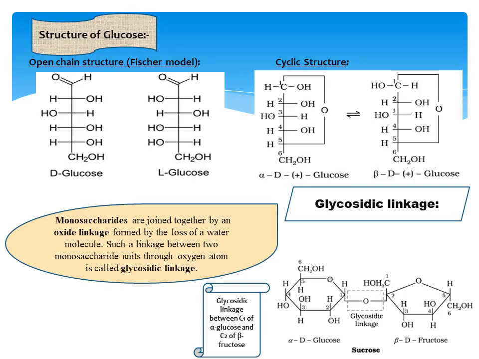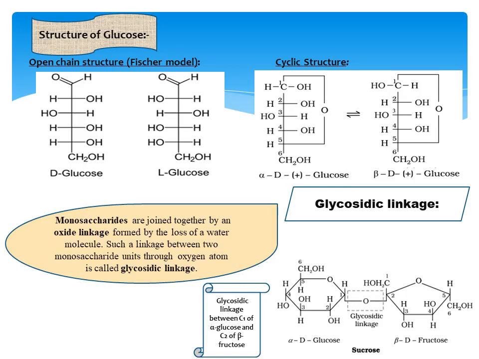Two monosaccharides are joined together by an oxide linkage formed by the loss of a water molecule. So in order to achieve something, we have to eliminate something, isn't it? This kind of linkage is achieved by the loss of a water molecule. Such a linkage between two monosaccharide units through an oxygen atom is called a glycosidic linkage.